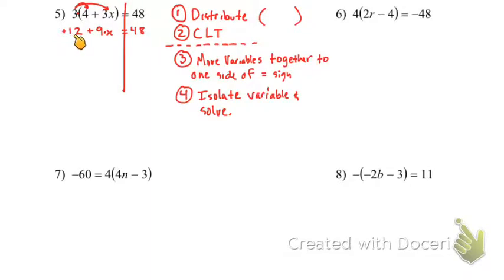So to get rid of an addition, we want to do subtraction to both sides. The 12s cancel out. We're left with 9 times x on the left side equals positive 36 on the right. And now to get rid of multiplication of 9, we're going to divide 9 to both sides.